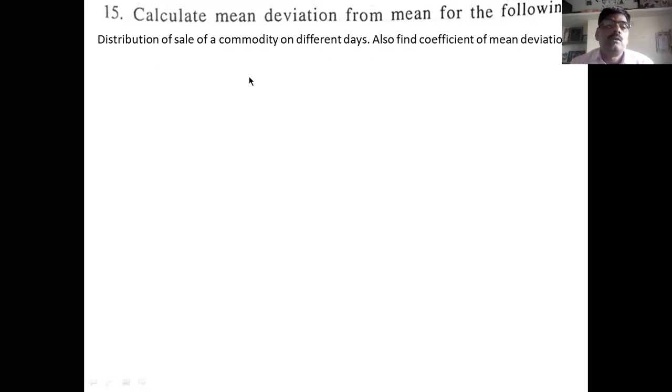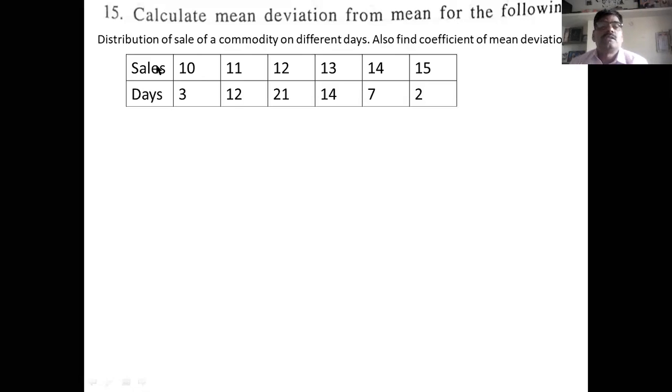This is the sale value. This is the number of days. This is called grouped data, discrete series. Values are there, frequency is there. Therefore, days is called F, sales is called X value.